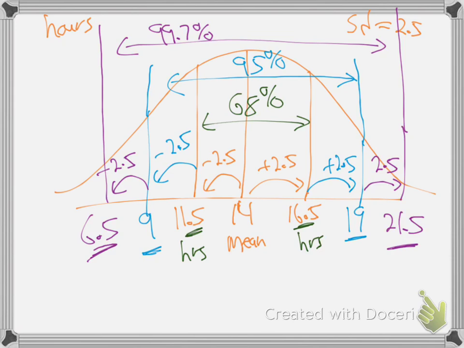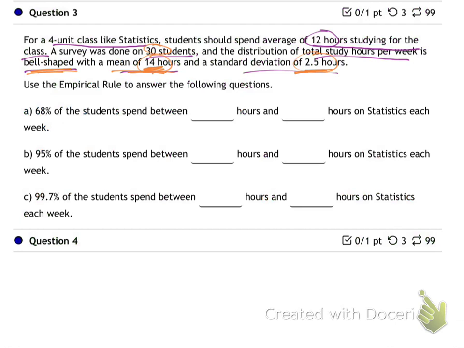Let's go back then. So the answer, they want those two, and those two, don't they? Those are the ranges. Everybody see what I'm saying? So from the middle, one jump right and left, that's the 68% number. They want the 11.5 and the 16.5. So 68% of all stats students would go between 11.5 and 16.5.